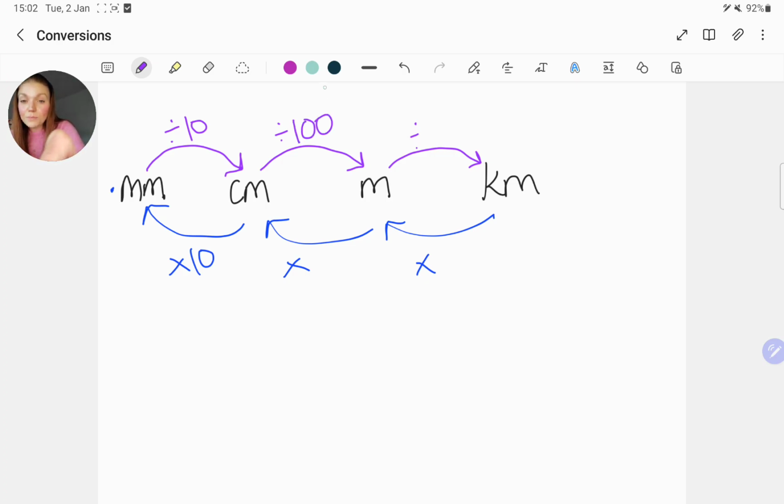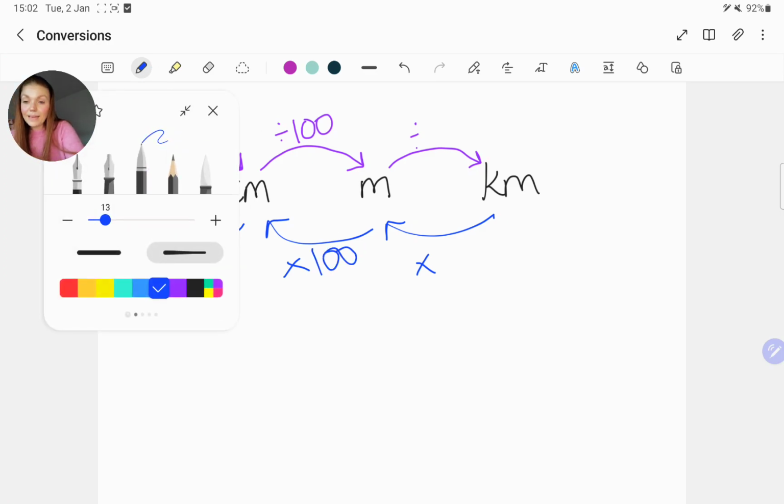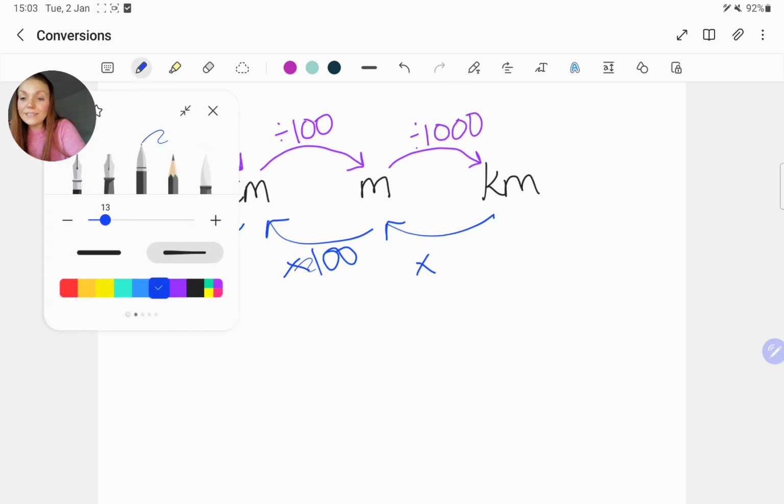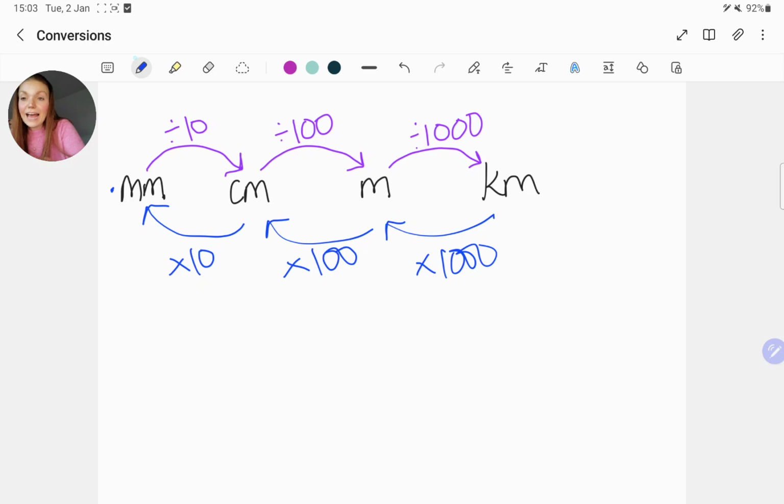So it's going to be 100 centimeters. Happy? Then we need to know, well, how many meters are in a kilometer? So that's a hard one, so I'll tell you that one. There are 1,000. And that is the completion of the conversion caterpillar.